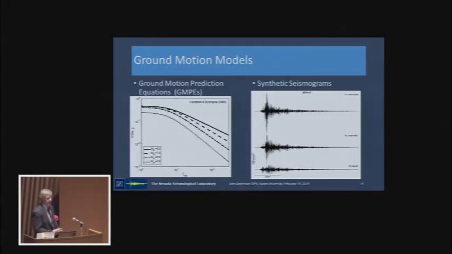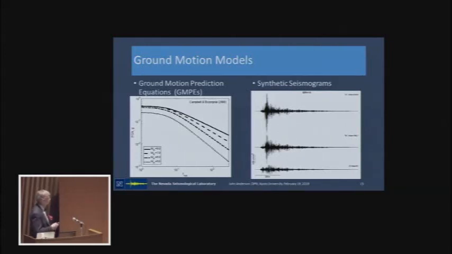Now, I'm going to jump now to looking at the other half of the input to the seismic hazards, which is the ground motion models. And with the ground motion models, we have two different aspects. We have the ground motion prediction equations, or we have synthetic seismograms. So we have these two different approaches.